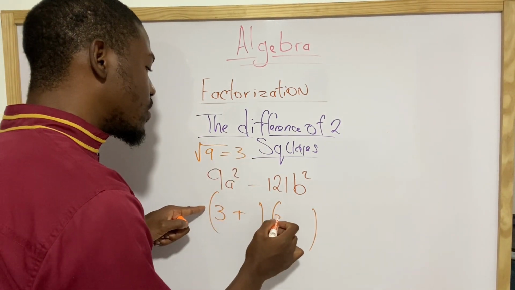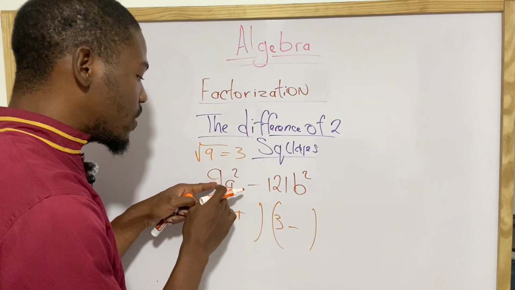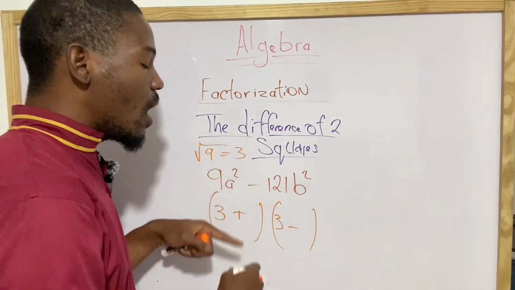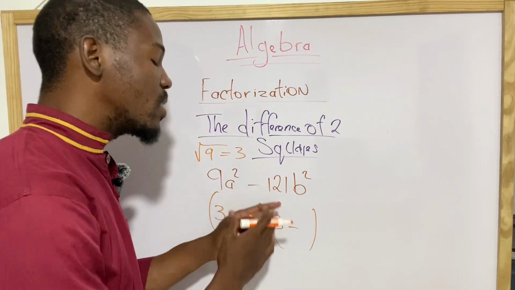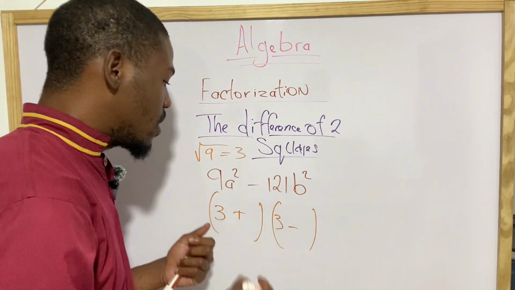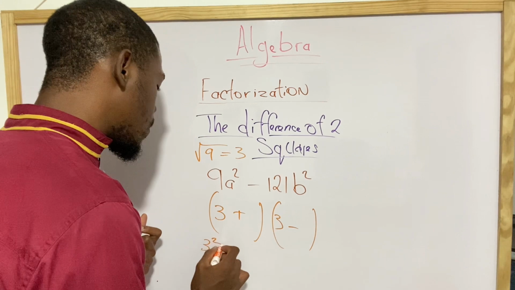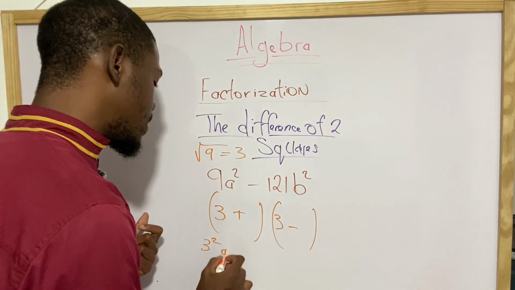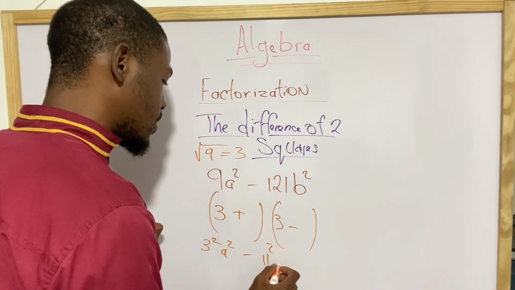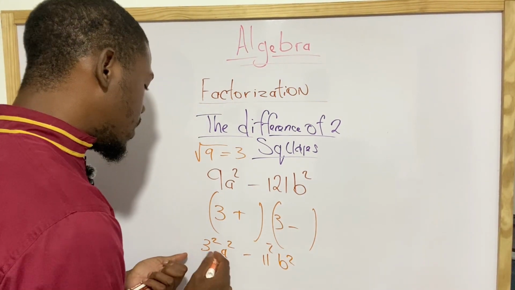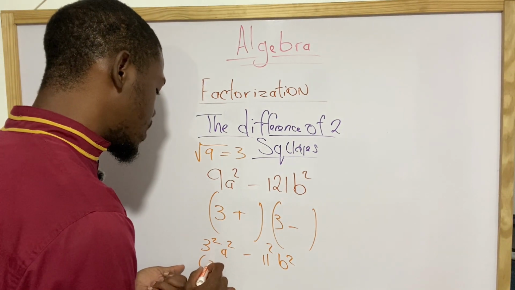What you will find is that both my coefficient and my variable are squared numbers. So 9 is a squared number and 121 is a squared number. If I had 3 squared a squared minus, this one is actually 11 squared b squared, we already know the 3 is being squared, so we'll just take out the 3.